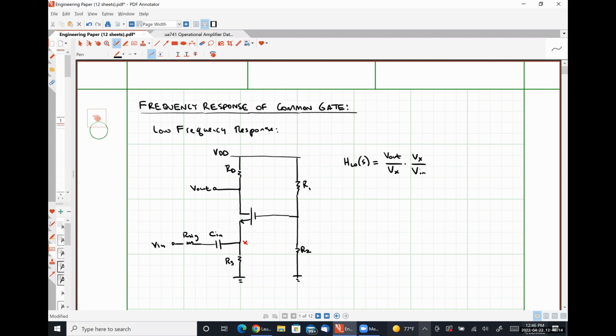The only change, as Luke correctly recognized, is the fact that we are now going to have some capacitance impedance to deal with, which is simply in series with R sig, okay?